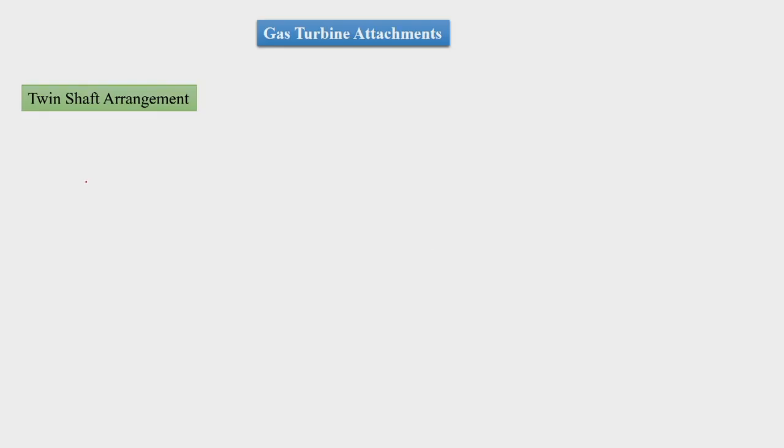We might have a requirement where the gas turbine would act as a prime mover, and then flexible speed or flexible load would be the requirement, and in such a case we need to design a gas turbine power plant which will suit this application. So, in such a case we have an arrangement which is called the twin shaft arrangement, and that twin shaft arrangement includes two shafts.